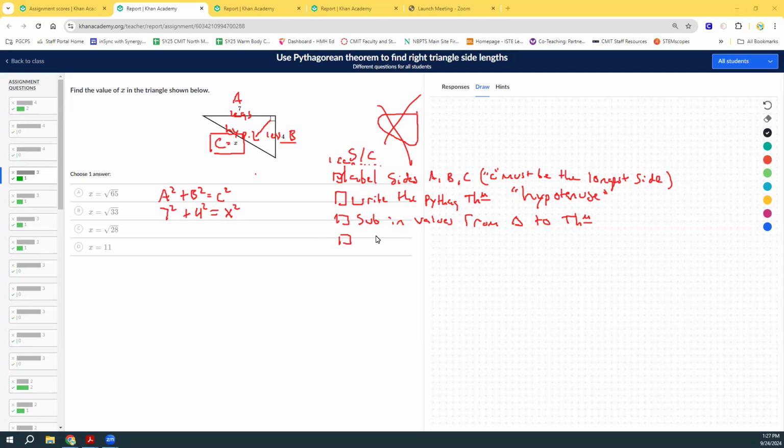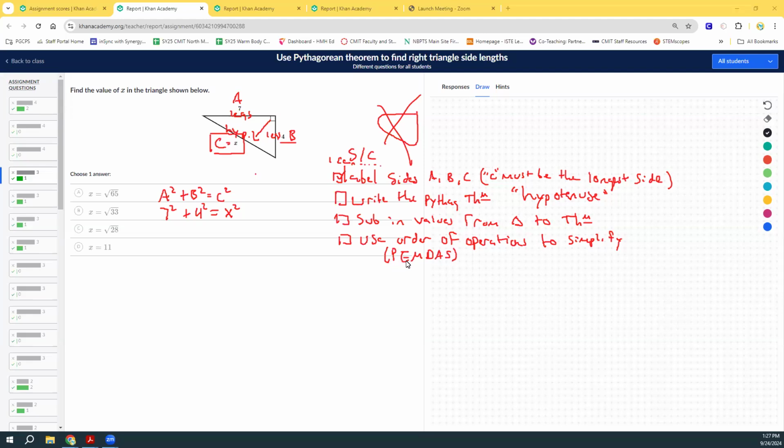Now, use order of operations to simplify. So that means, you know what that is. That's PEMDAS. Remember that?